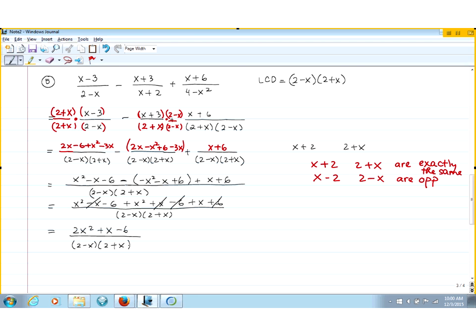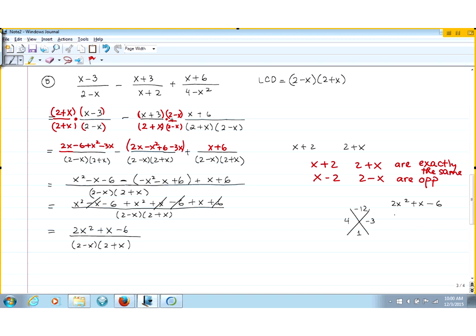Yes, is this factorable? Oh, this is very long, isn't it? Okay, so how do we factor this? So 2x squared minus x minus 6. So how do we factor this? Negative 12 and 1. So what is the other number? 4 and negative 3? Yes.